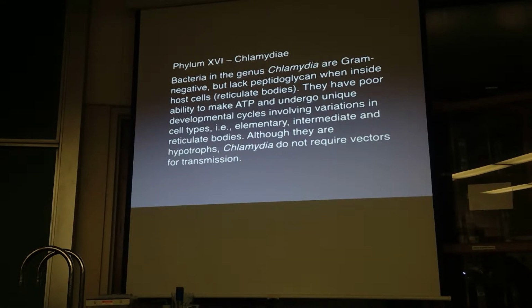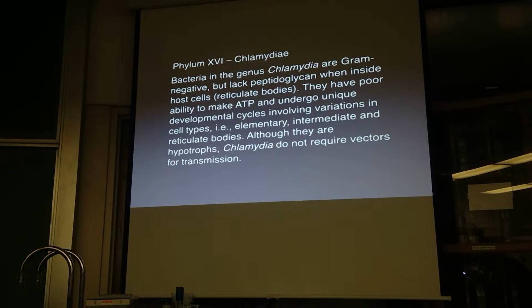And within the host, they form these little bodies called reticulate bodies that don't have peptidoglycan. The other feature of chlamydia, for a long time researchers thought these things couldn't produce ATP. Well, if a cell can't produce ATP, it really can't carry out any physiological processes. That's their power supply. So it turns out they can produce just a little bit of ATP, but they're very much dependent upon their host.